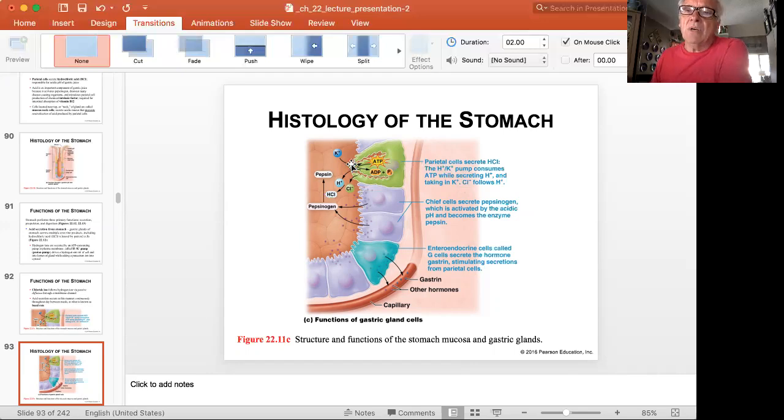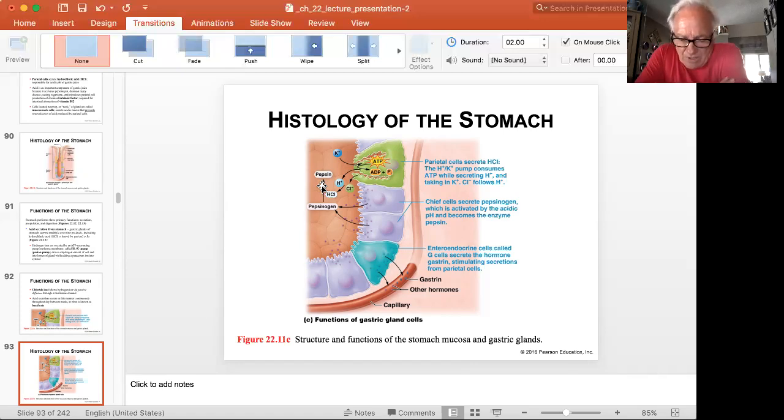Now the chief cells secrete pepsinogen. Anything that's an inogen is what they call an inactive zymogen. Pepsinogen is inactive, but when it's released into this lumen of the gastric gland, the hydrochloric acid activates or converts pepsinogen to pepsin. Pepsin is the digestive enzyme for proteins in the stomach, okay?